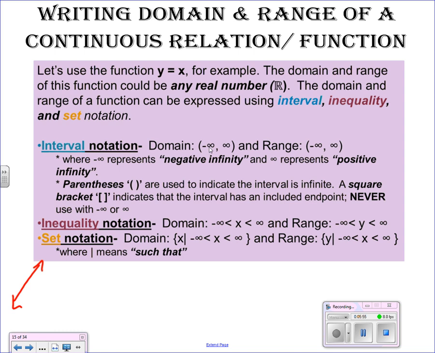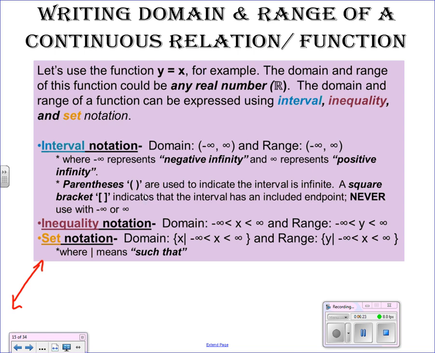So think of the infinity as an 8 taking a nap. Then you would do a comma, the positive infinity symbol. Remember, you're only listing the x values. So the smallest x value goes on the left, and the highest x value goes on the right. And then for the range, it will look exactly the same, but again, it's only dealing with y.